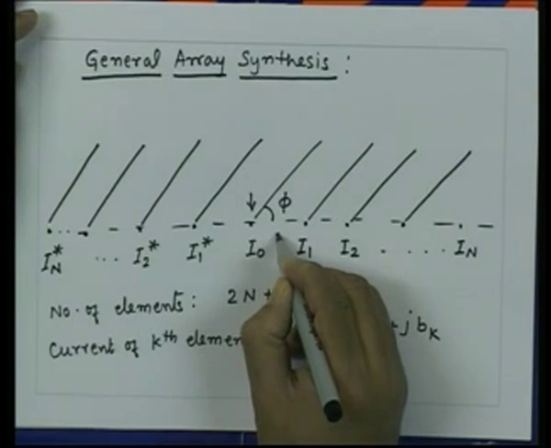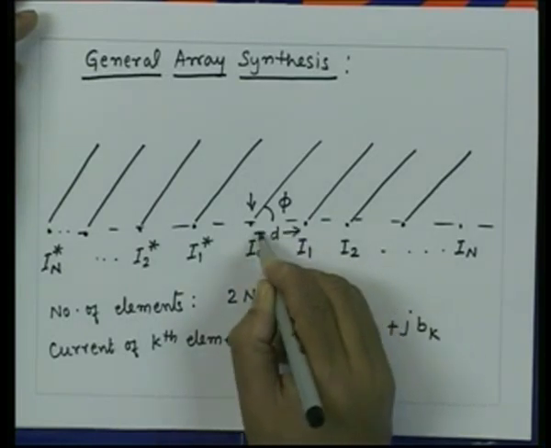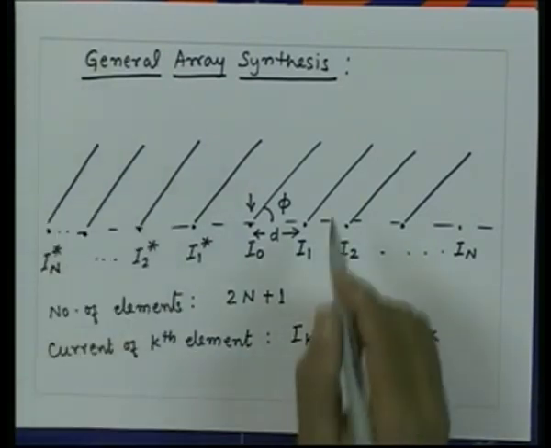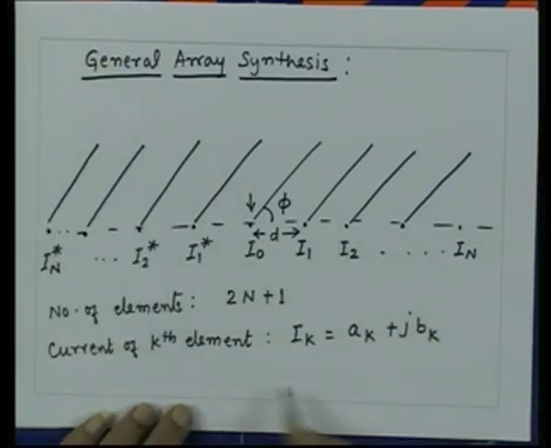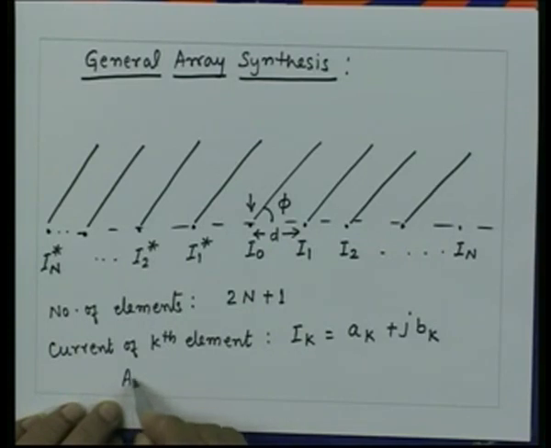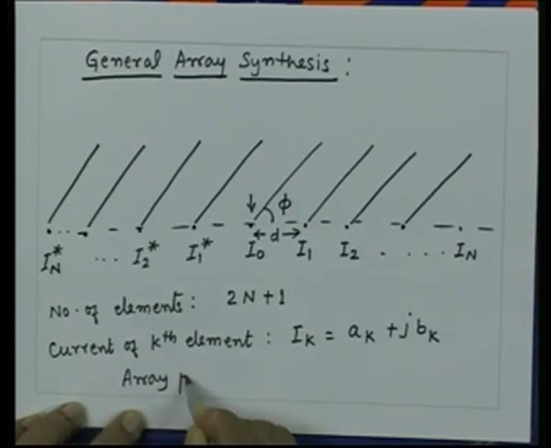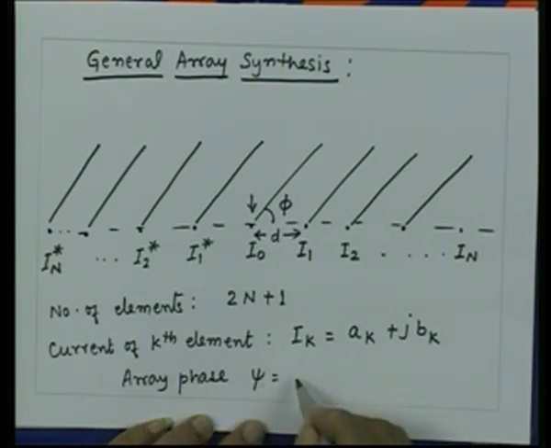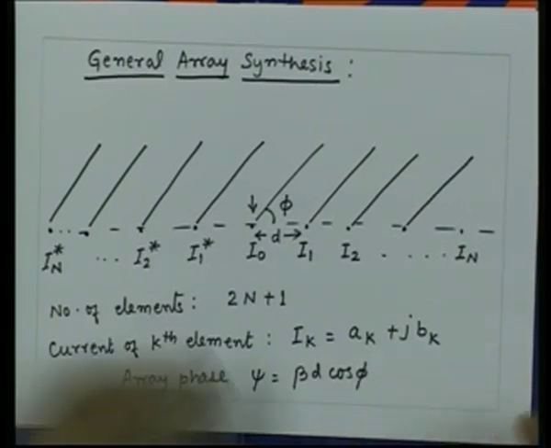The distance between the elements is d, and we can now define this quantity psi, the array phase, which is equal to beta d into cosine phi.